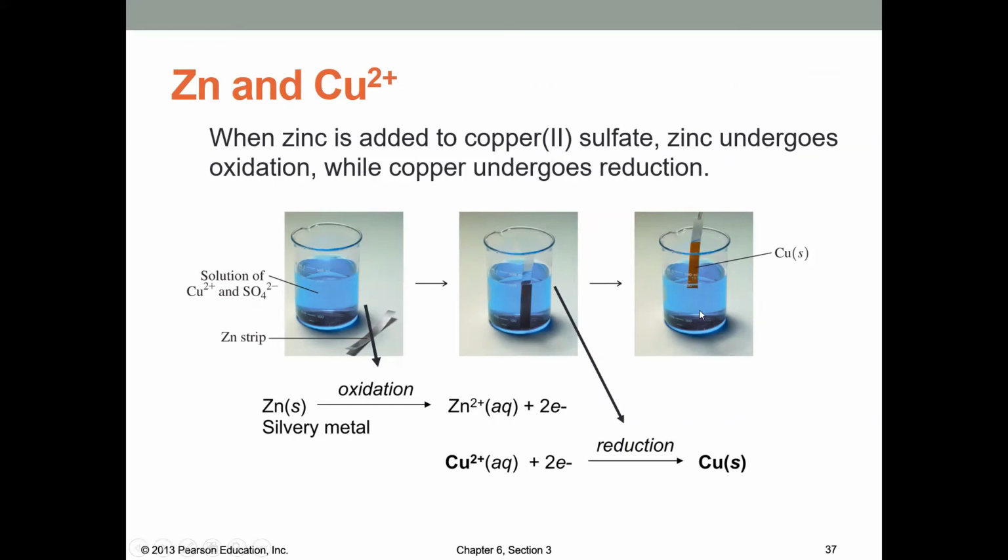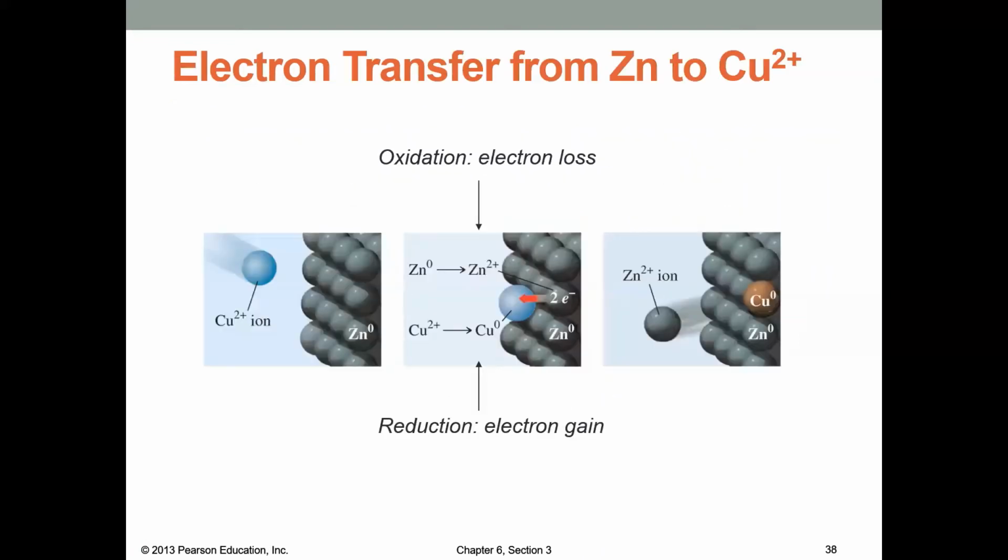This is how we actually do electroplating, if you think of things that are gold plated or silver plated. We're using these chemical principles here. So again, the copper ion in solution is going to take on the electrons from the zinc. The zinc ion is now going to be free in solution, and the copper is going to replace it as copper solid.